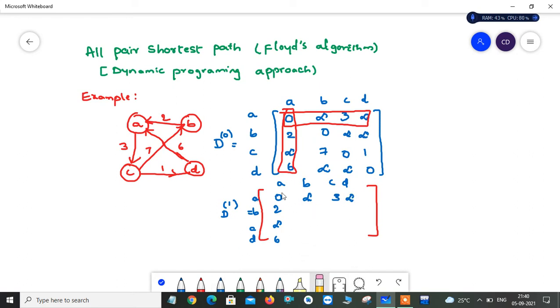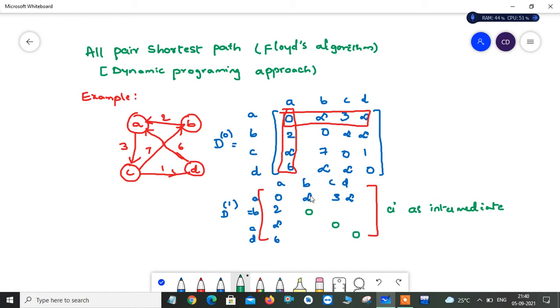This A row and A column are common, so you have to make A the intermediate here. Now you can keep the values B to B, C to C and D to D as 0, as usual.